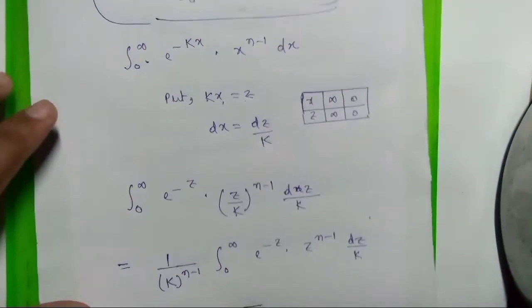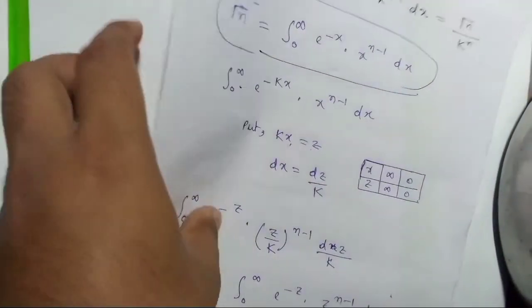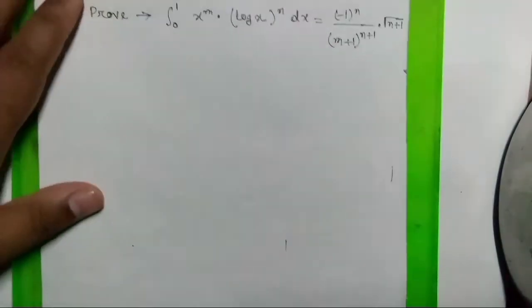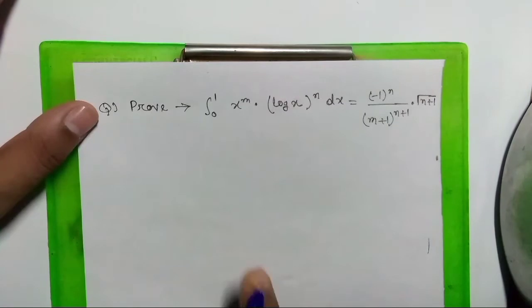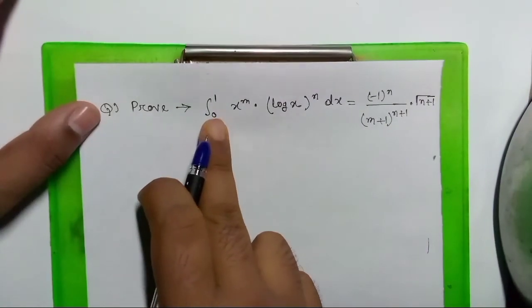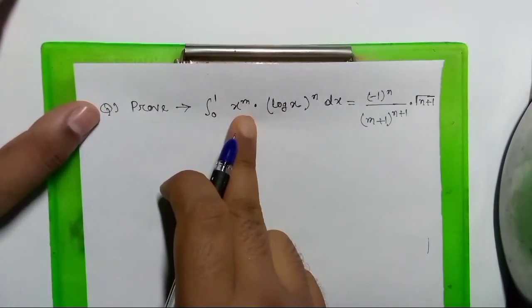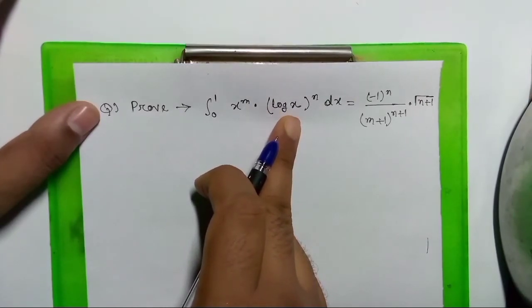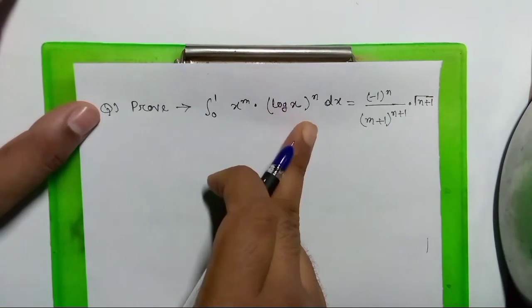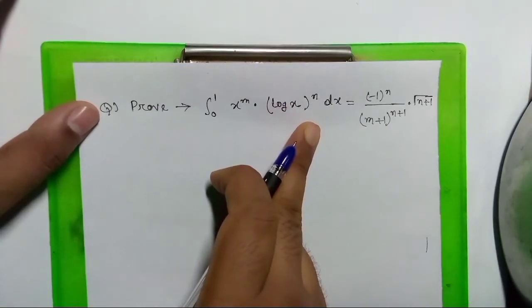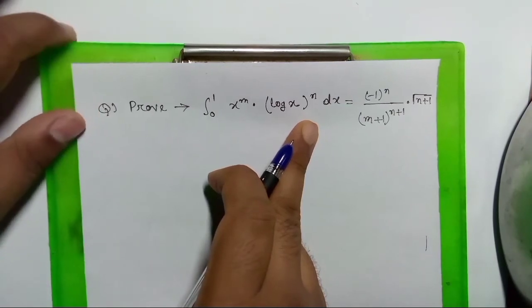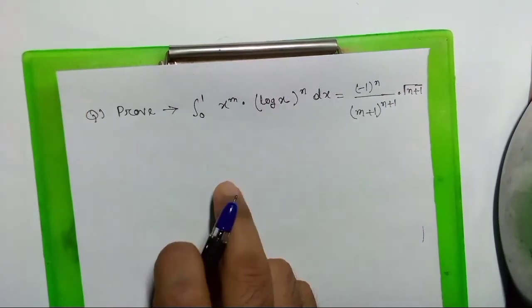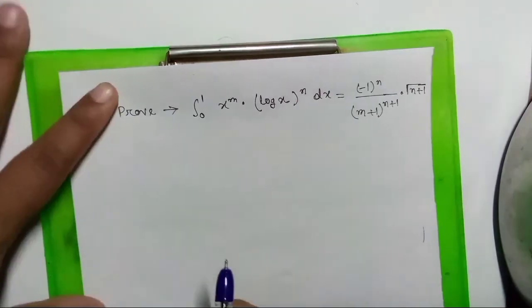Now we go over to the next property, that is integration over 0 to 1 x to the power m into log x to the power n dx is equals to minus 1 to the power n divided by m plus 1 to the power n plus 1 into gamma of n plus 1.